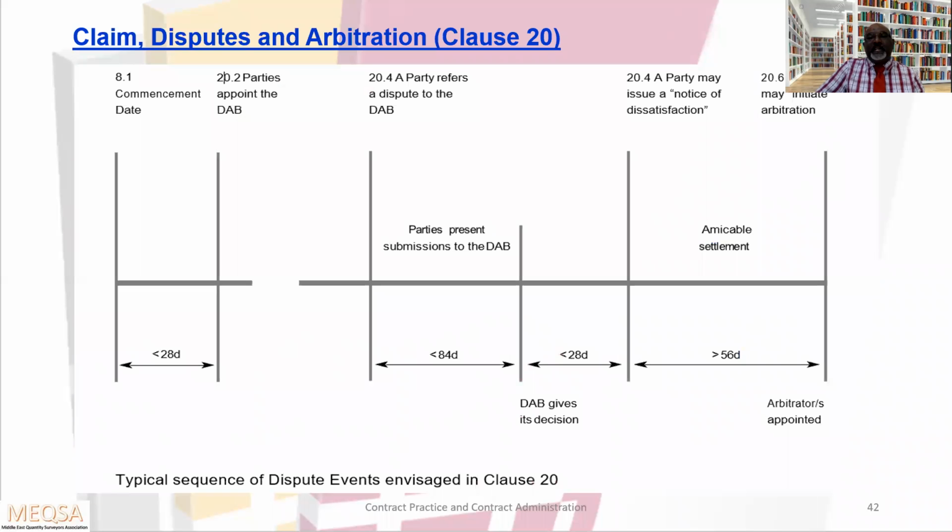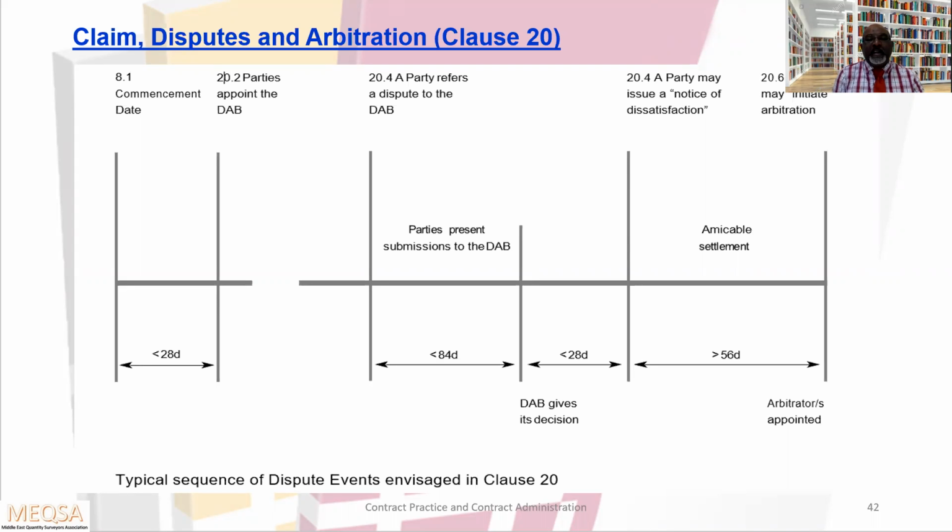Now let us look at what FIDIC 99 says, the clause 20, claims, disputes and arbitration. You can see here, once we receive the commencement date as per subclause 8.1, as per 20.2, parties appoint the DAB within 28 days. As per subclause 20.4, a party refers to a dispute to the DAB.